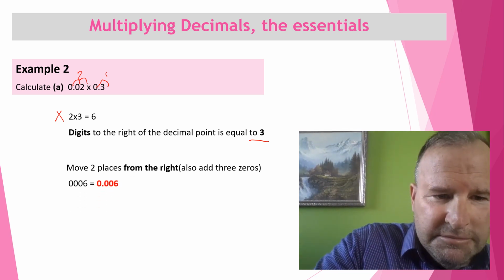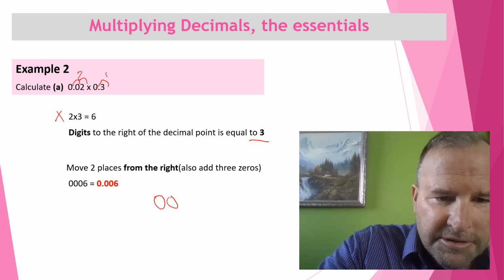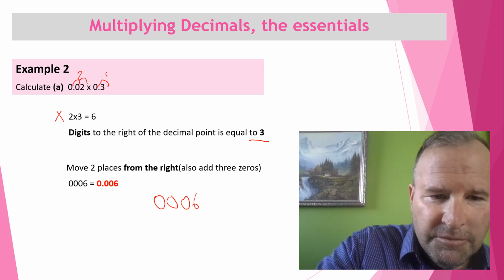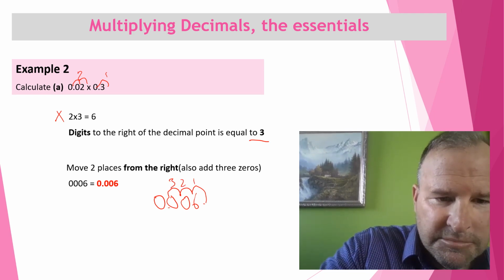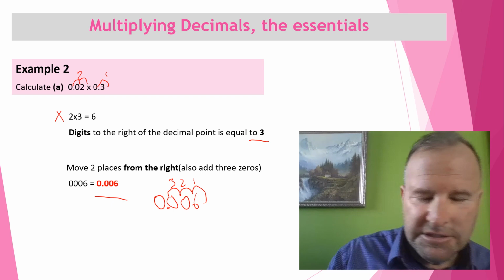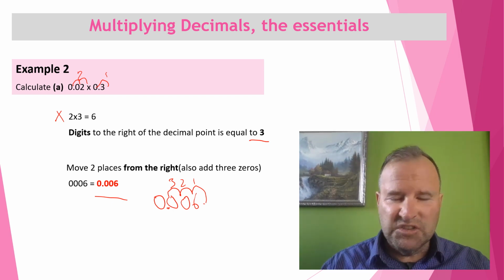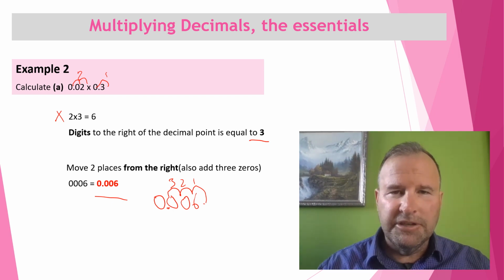Write down the number. So 0, 0, 0, 6, because there's 3. Here's the decimal point from the right, so we go 1, 2, 3, so that's the third one, second one, first one, hence the decimal point is here, and then we get the answer 0.06.